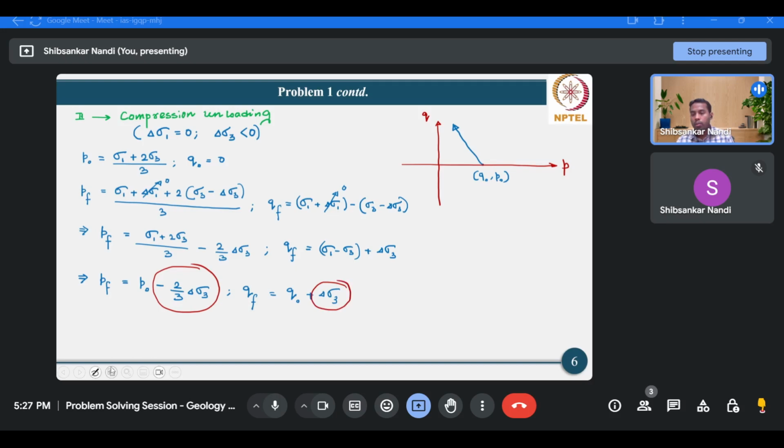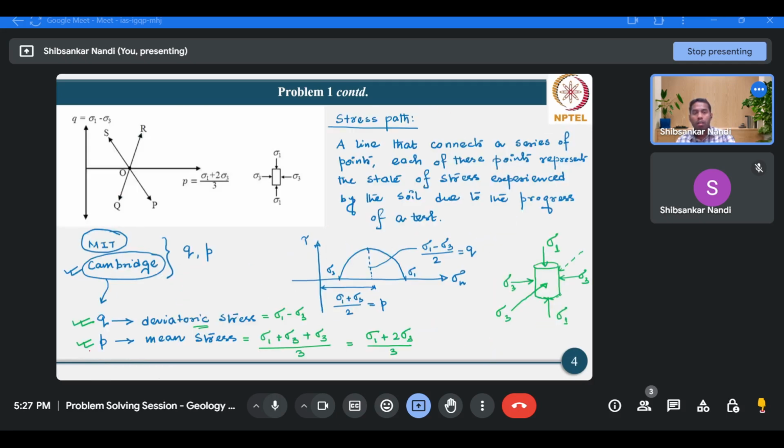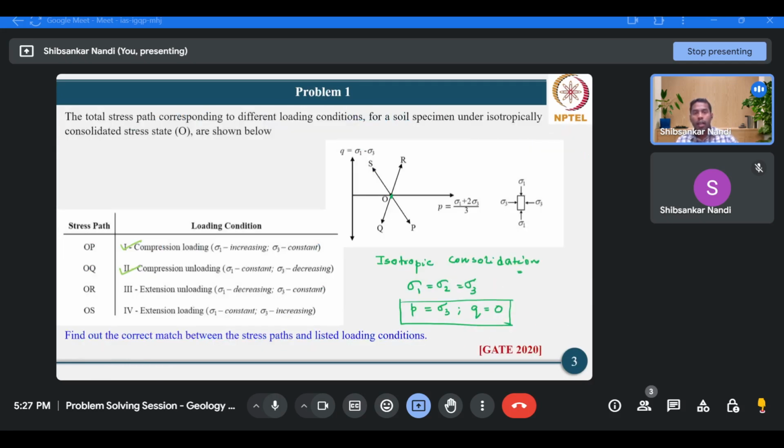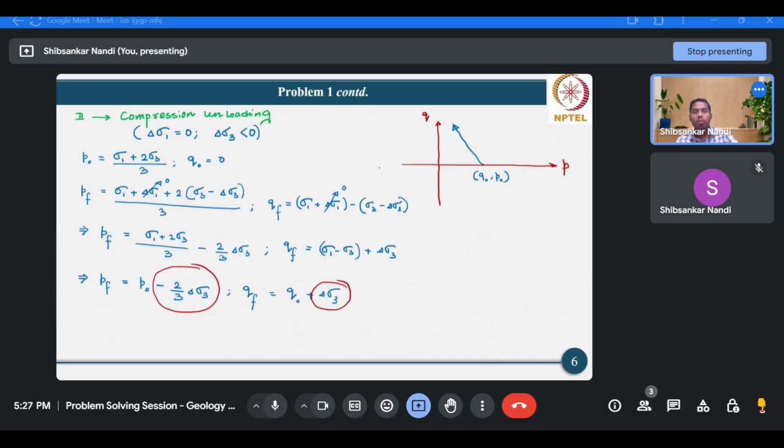Now as you can see, it is matching with line OS. So in this way, we have determined the stress path for compression unloading.